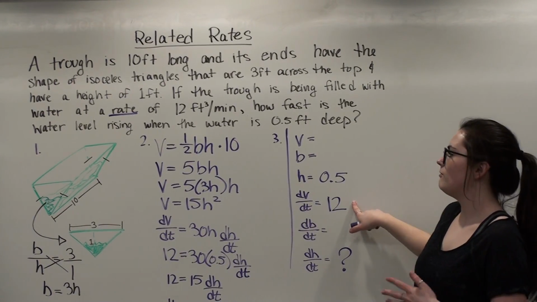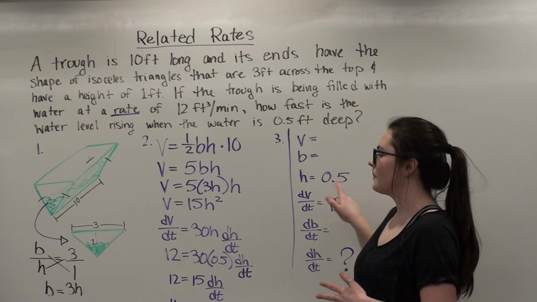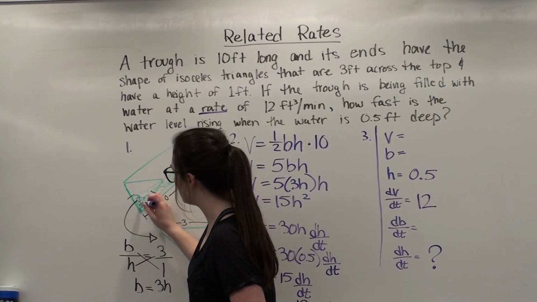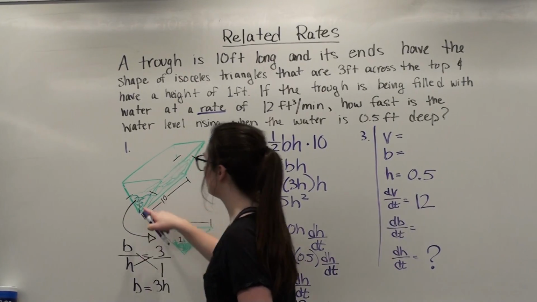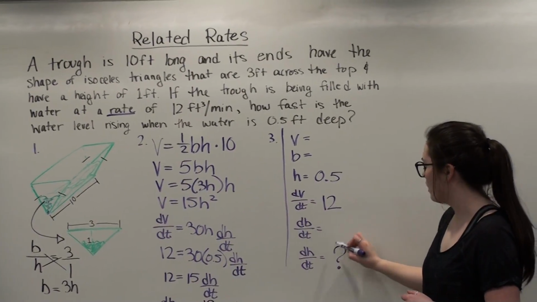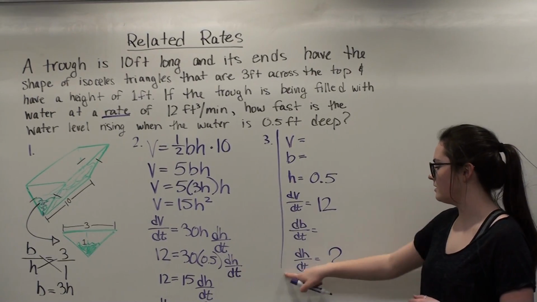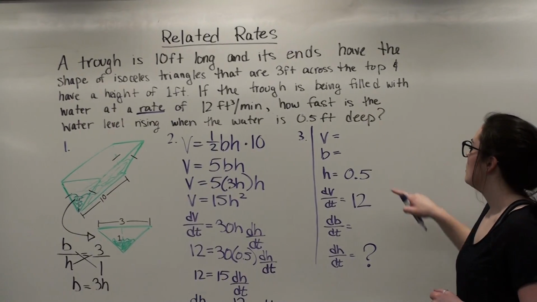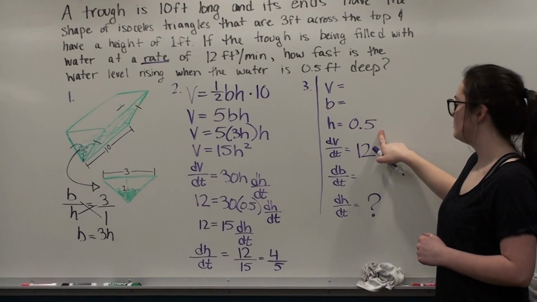Then it says, how fast is the water level rising? Okay, they want to know how fast this height is changing. So the rate of that height, not necessarily the height. So then I put a question mark here because this is what we're trying to find, the rate of the height. So when the water is 0.5 feet deep, we have our height is 0.5.